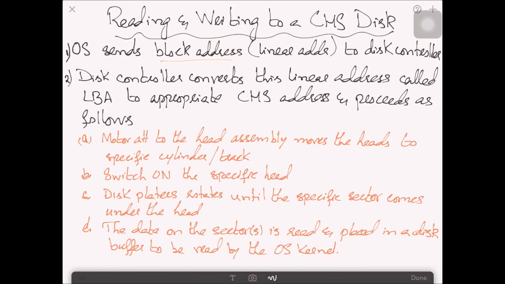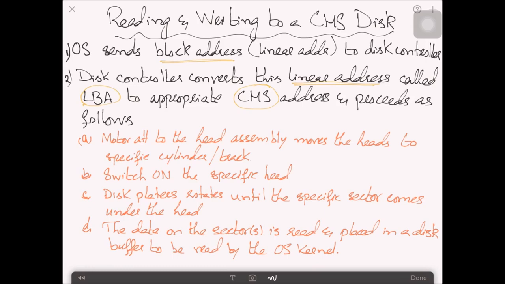It sends a block address. The disk controller converts this linear address, called the logical block address, to the appropriate CHS address. So remember, the OS sends a linear address and the disk controller converts it to the appropriate cylinder, head and sector.